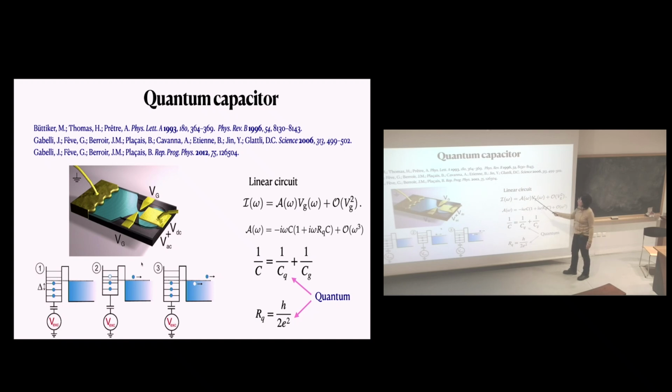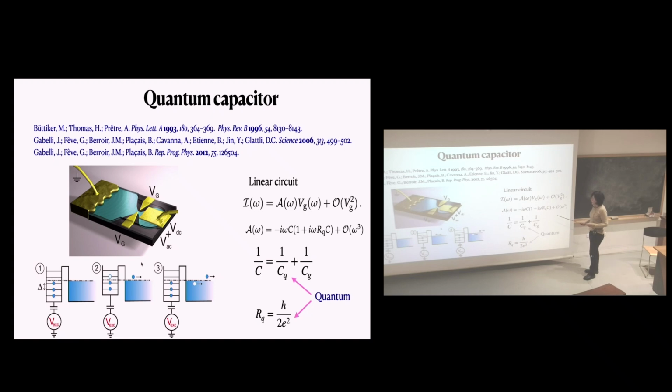And the quantity here that relates the energy, the current, the electron current between the capacitor and the reservoir is the admittance, which receives the name of admittance in circuits, and it depends on the capacity and the resistance of the circuit.